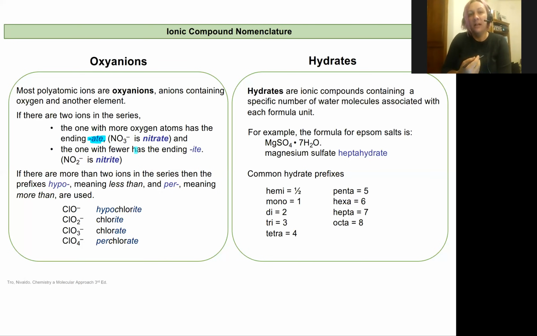So instead of nitrogen, it becomes nitrate. And then whichever one has fewer oxygen atoms would get the ITE ending, nitrite. So my NO3 with more oxygens has the ATE ending, and the NO2 has fewer oxygens, so it has the ITE ending.